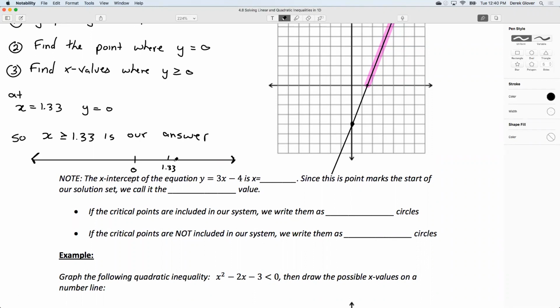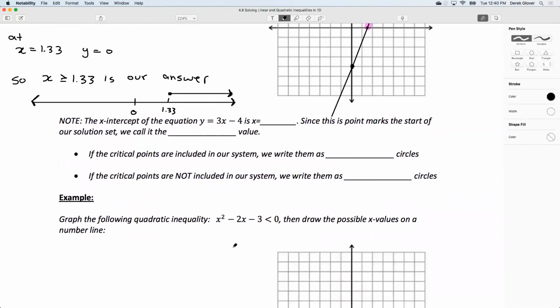So it's going to be the line from here over to the right. Note the x-intercept of the equation y equals 3x minus 4 is x equals 1.33. Since this point marks the start of our solution set, we have a special name for it. It's called the critical point or the critical value.